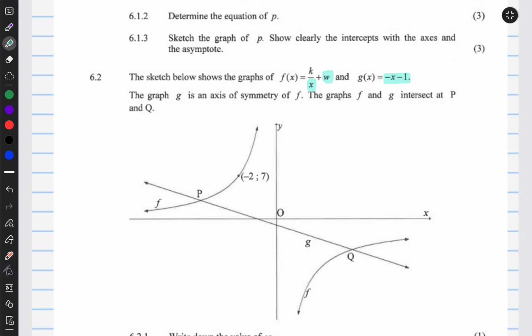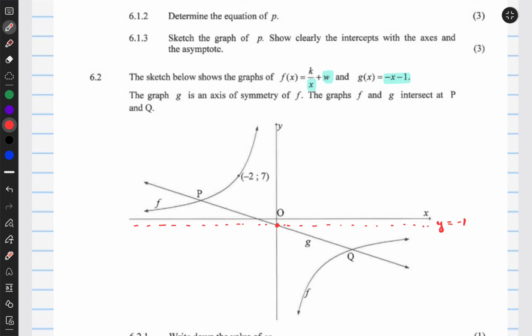The graph g is an axis of symmetry of f. So remember that the axis of symmetry cuts at the asymptote. The y-intercept of the axis of symmetry is the same as the asymptote. So the value of w, if we were asked to find it, is gonna be y = -1, because of the information we've been given about the axis of symmetry.